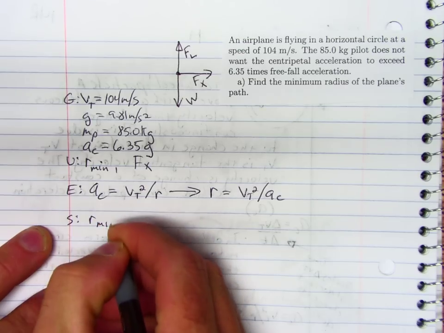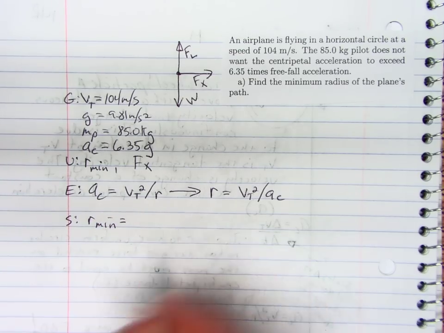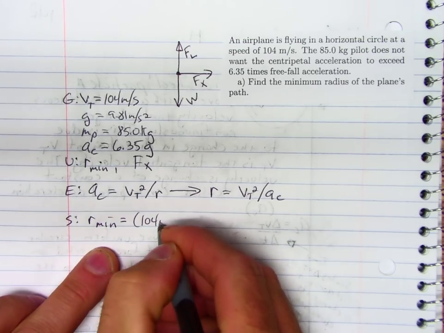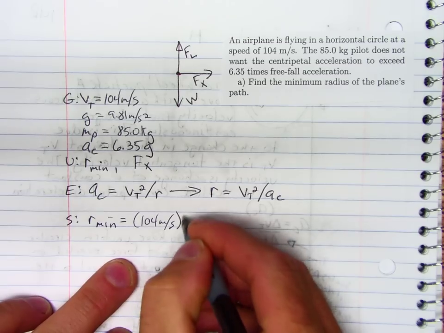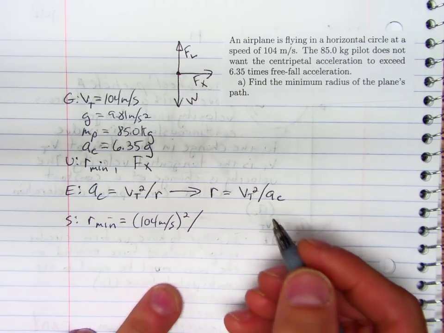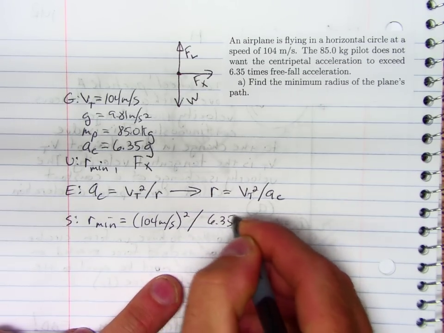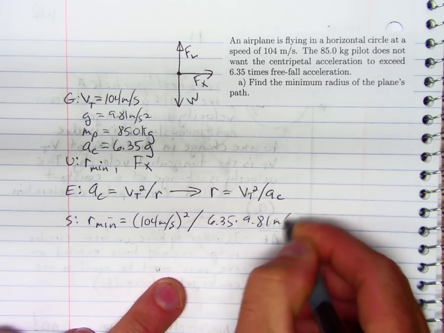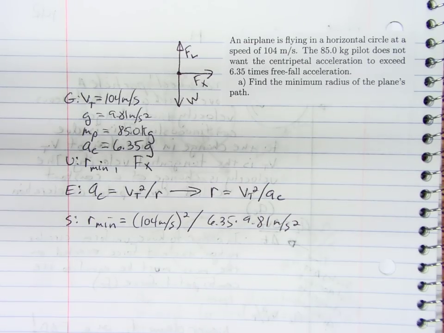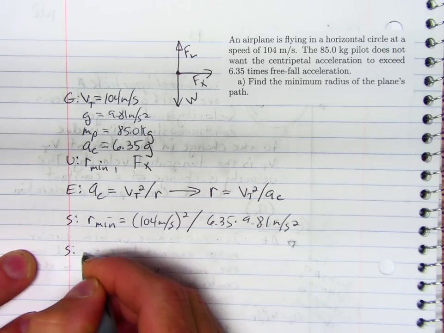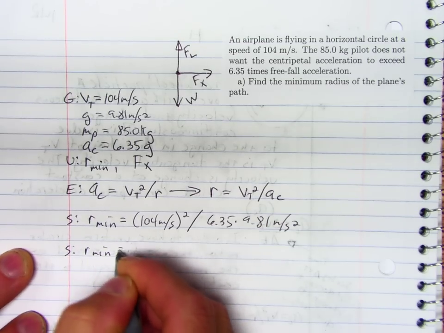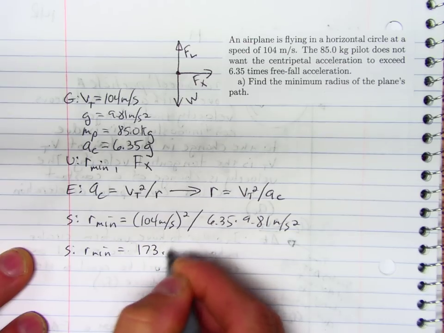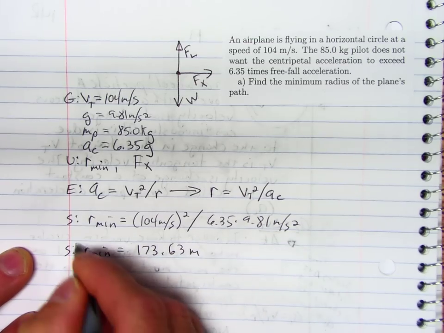R min is going to be equal to 104 meters per second squared divided by 6.35 times our acceleration due to gravity, which is 9.81 meters per second squared. So R min is equal to 173.63 meters.